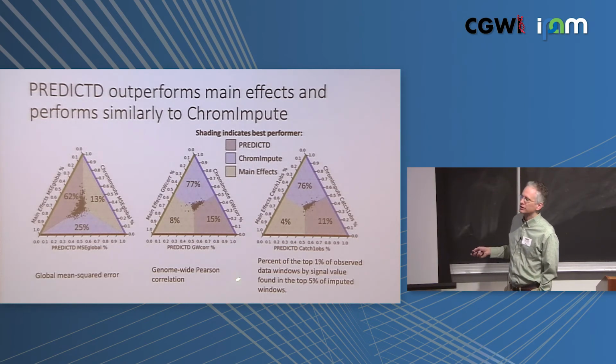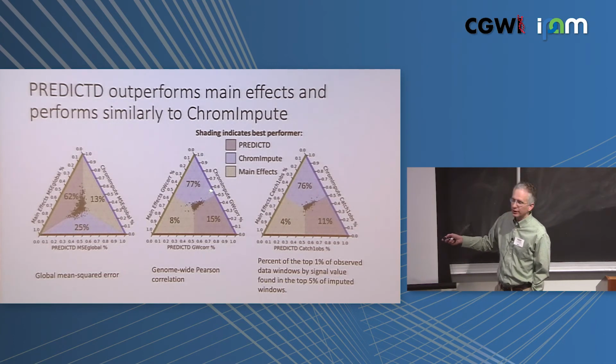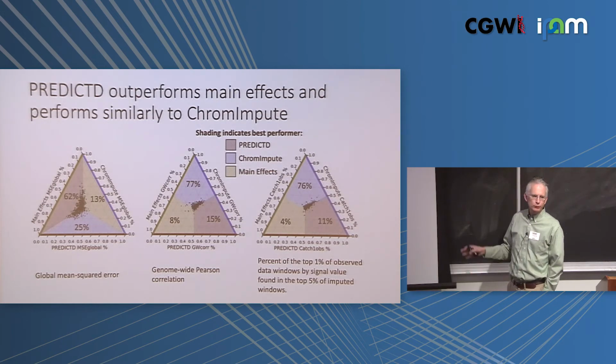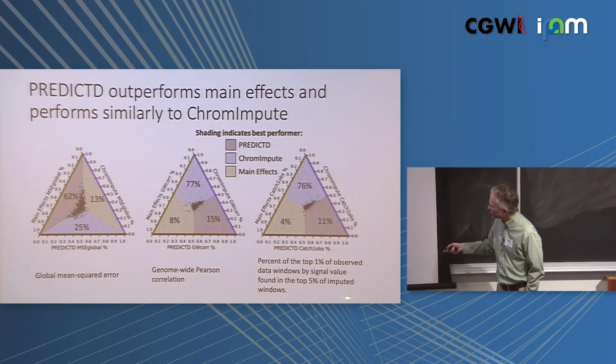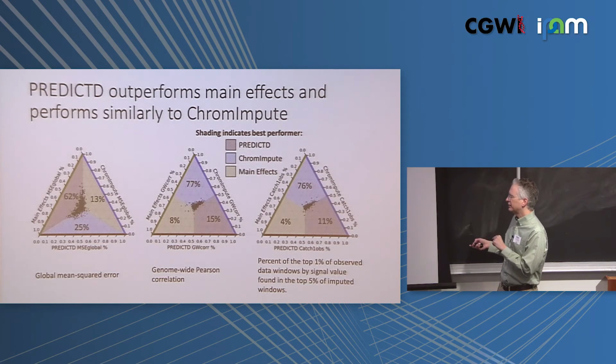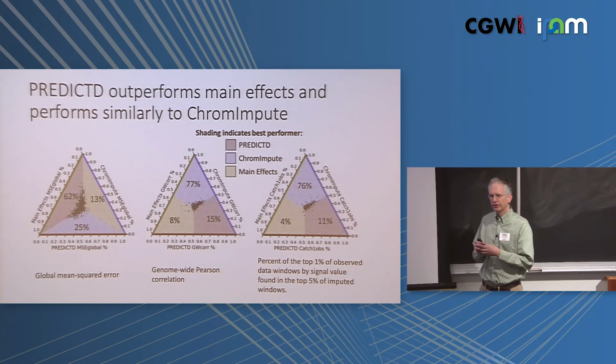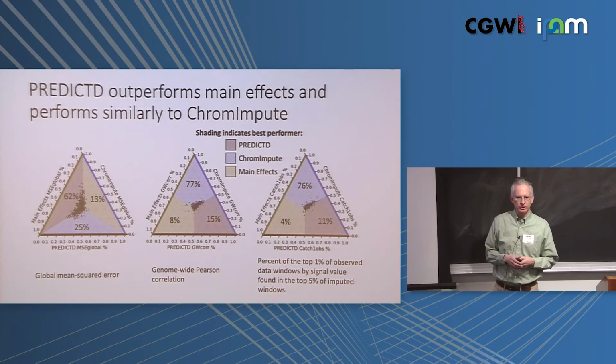If you switch to looking at something like genome-wide Pearson correlation, then ChromImpute is still doing better than predicted on that performance measure. And then there are a number of other performance measures. Here's one that I think is interesting. If you take the top 1% of the observed data, so you're looking at the peaks, and then you ask what percentage of the signal value is found in the top 5% of the imputed windows, you're asking how well the true peaks in the data get called as peaks in your imputed data.